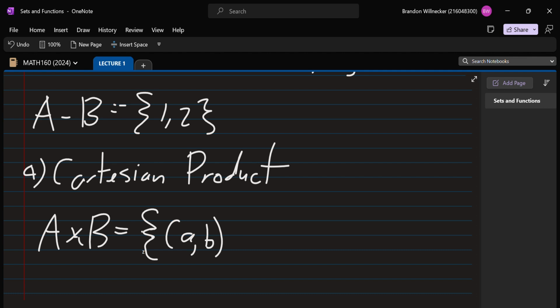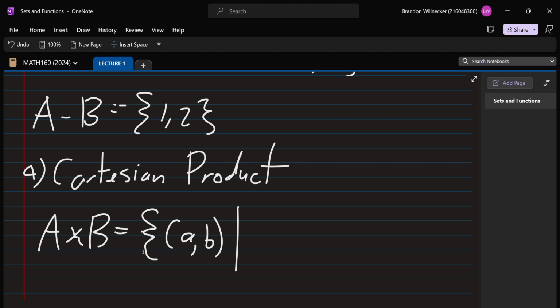Ordered pairs does exactly what the name says. Number 1, it's ordered: (a, b) is different to (b, a). And pairs, well, there's 2 of them. So we look at all the possible ordered pairs such that, and when you see that vertical line in restricted comprehension, you can read it as "such that", and then the rule.